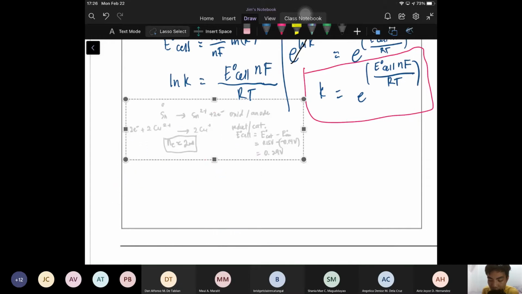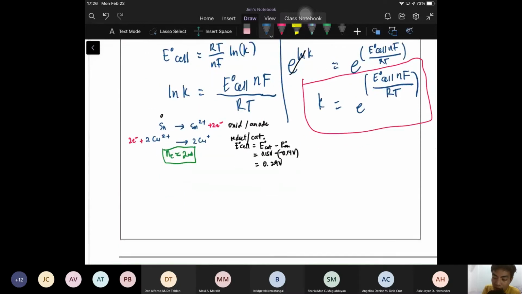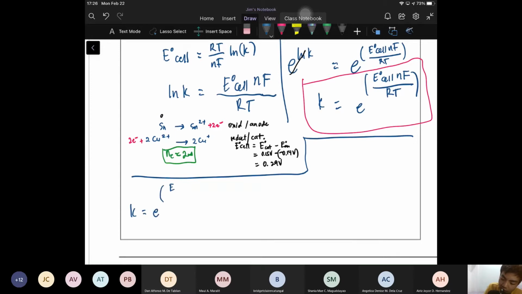Reduce ko lang yung equation dyan kasi wala na akong space. Let's solve for the value of K. So K equals exponential E cell times NF divided by RT.